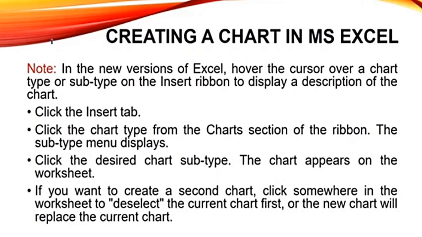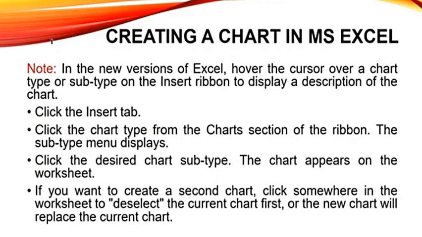If you want to create a second chart, click somewhere in the worksheet to deselect the current chart first, or a new chart will replace the current chart. First, we have to select our data, whatever we have saved in a tabular sheet.